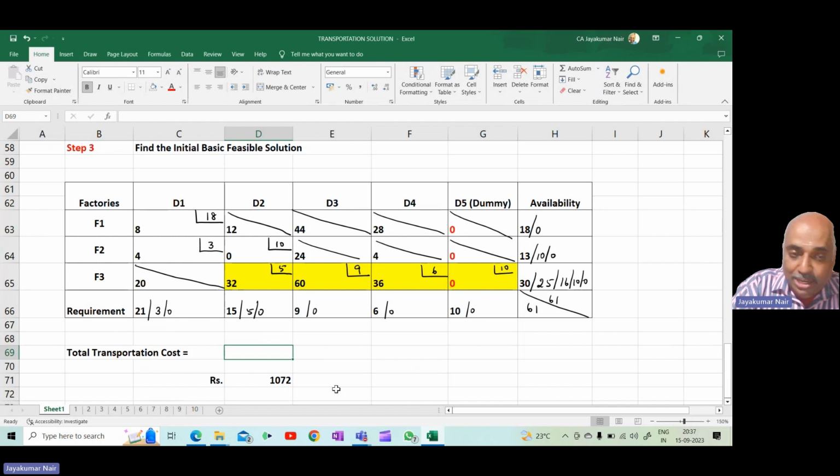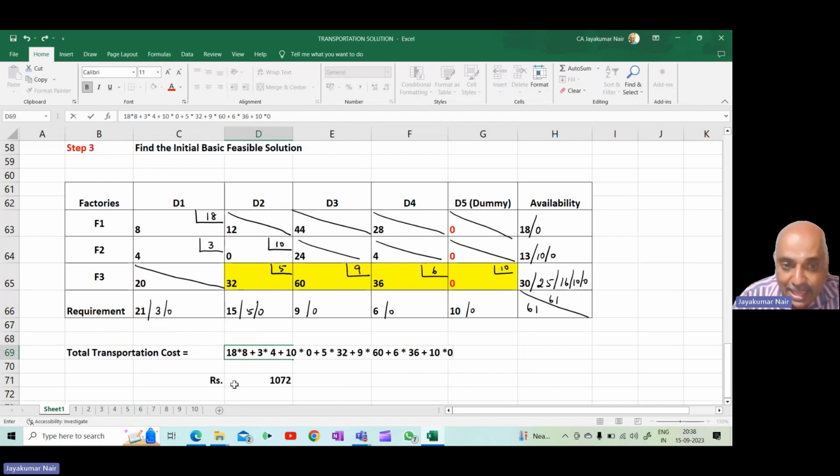How do you calculate the transportation cost? 18 into 8 plus 3 into 4 plus 10 into 0 plus 5 into 32 plus 9 into 60 plus 6 into 36 plus 10 into 0.